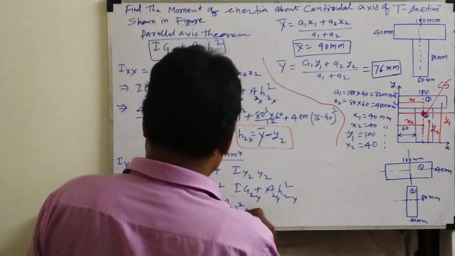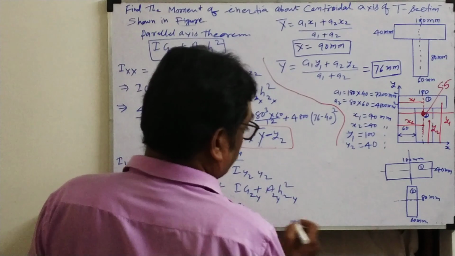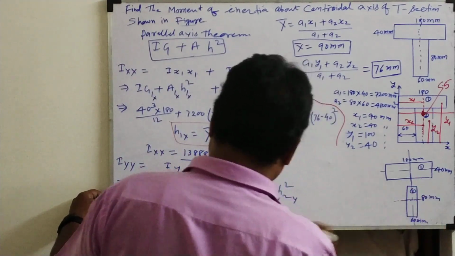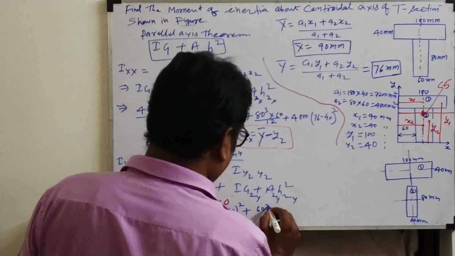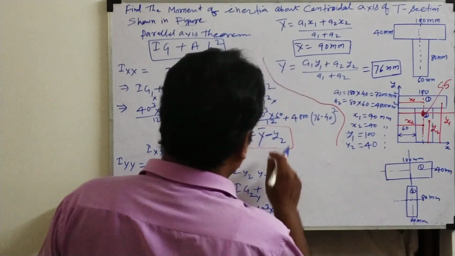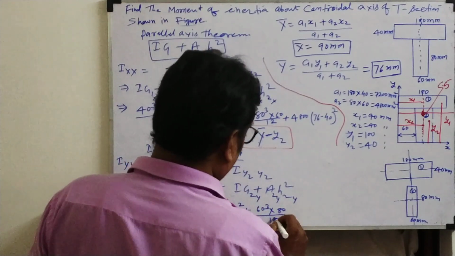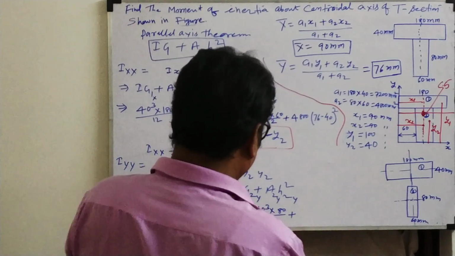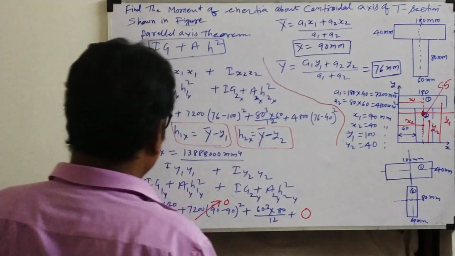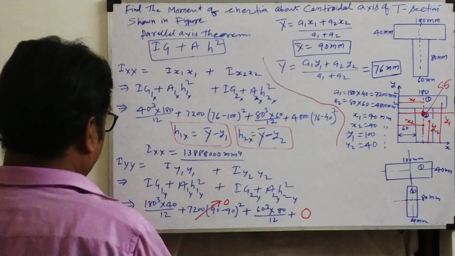Now next, the reverse of this. Iyy, vertical, so 60 cubed, because 60 is getting crossed. So give the power 60, then 80, the reverse of this, 12, plus this part again 0, because x bar and x2 will be 90, so we'll get 0.